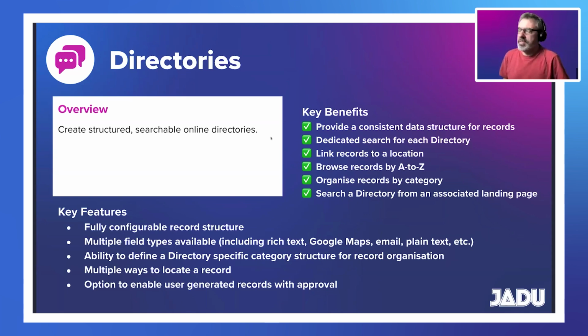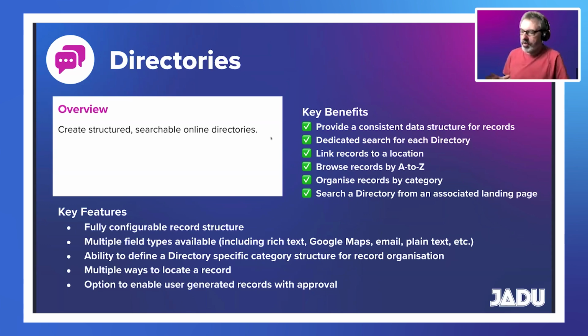Each directory has its own dedicated search. Records can be linked to locations using the maps field within a directory. There's always an A to Z of records. You can organize records by categories that are specific to the directory. And as I mentioned when we talked about home pages, there's a directory search widget that you can drop onto relevant landing pages.